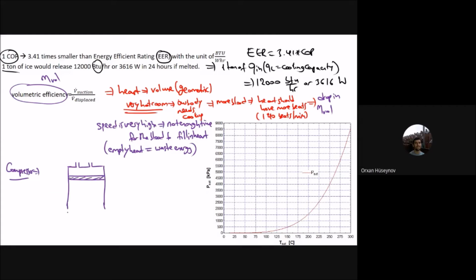This piston moves between the top dead center and the bottom dead center. This piston displaces this amount of volume. This is the volume displaced, and this is geometry, so you design it.